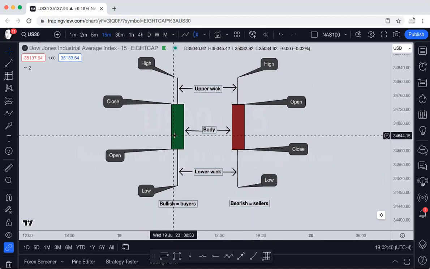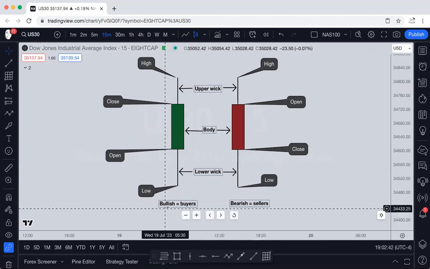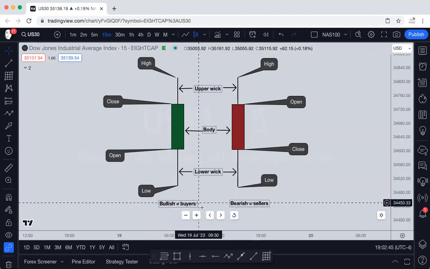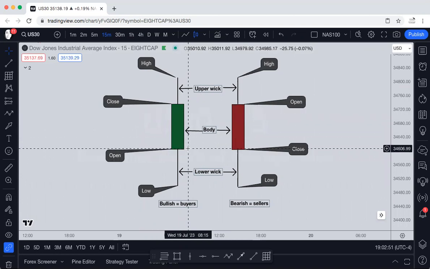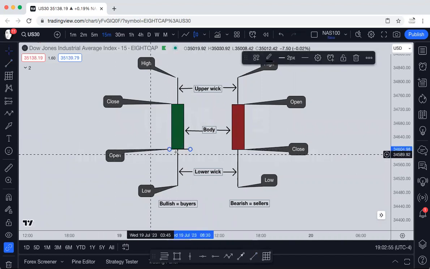So on the left-hand side, green, bullish, what does that mean? That means your buyers. That means for this particular candle, your buyers had control. So if you're looking at the candle body, you can see right here, that is where the candle opens.